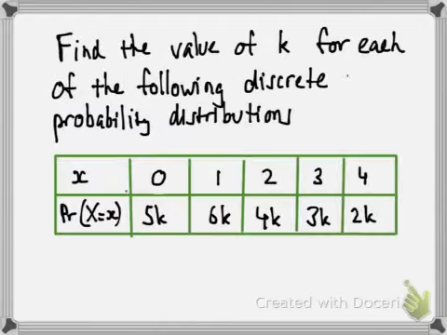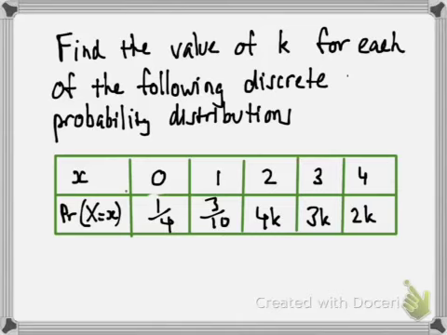It could ask for the actual probabilities. So if k is 1 on 20, and we've got 5k, what's going to be in there? 5 on 20, cancelled down to 1 on 4. This one here, 6 times 1 on 20 is 6 on 20, cancelled down to 3 on 10.